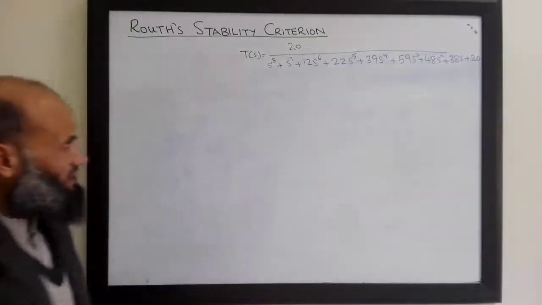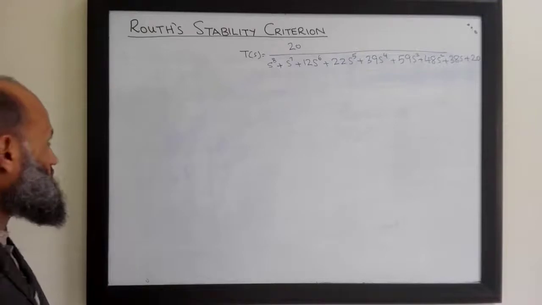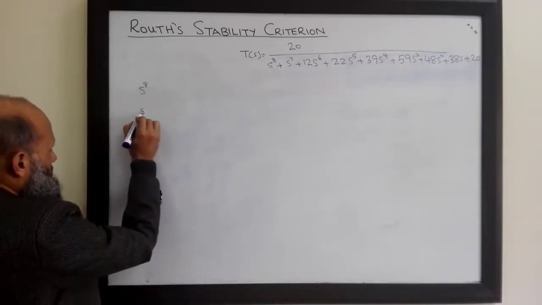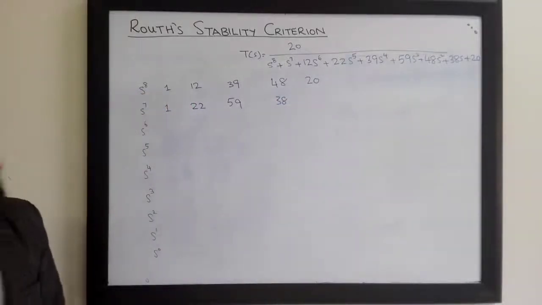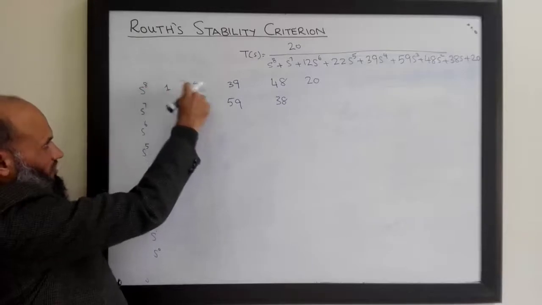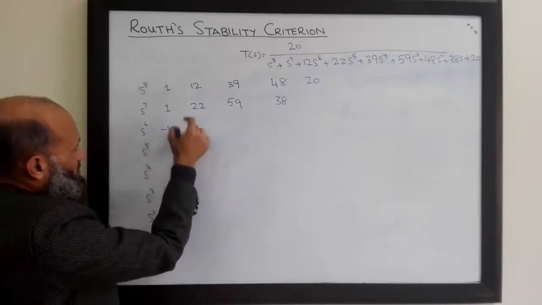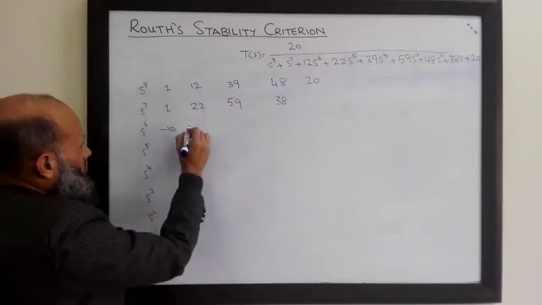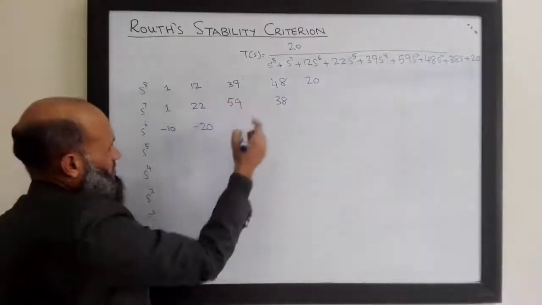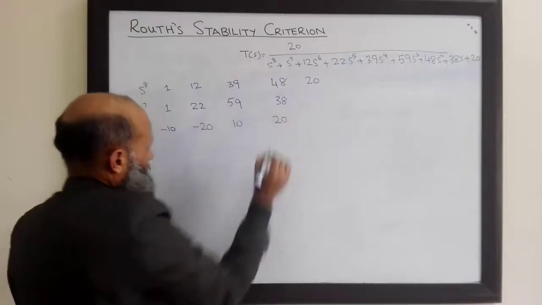Here we have an 8th order polynomial. Now you know the procedure to construct the Routh table. That is easy. We start with the highest power, s power 8. This row is now constructed from these two rows, that is 12 minus 22 divided by 1 is minus 10, and here 39 minus 59 is minus 20, 48 minus 38 is 10, and 20 over here.